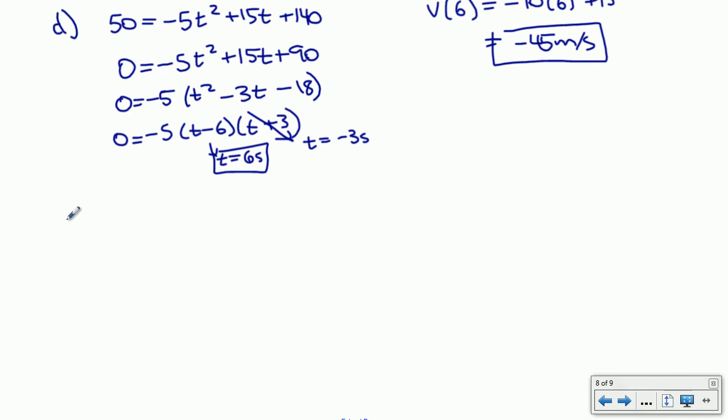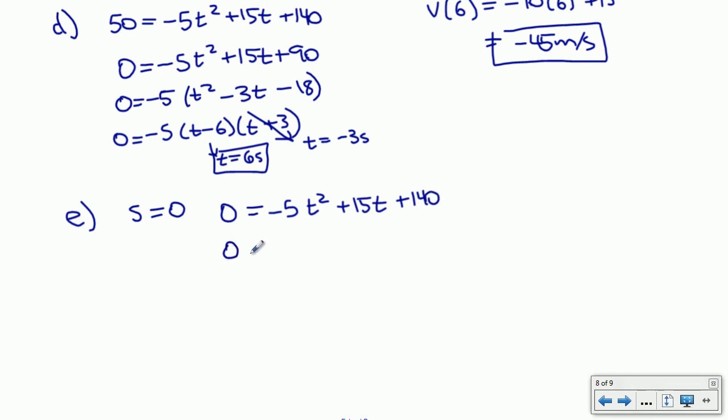Now the last part, E, what's the velocity of the object as it hits the ground? Well, as it hits the ground, displacement is 0. So we would start with the displacement function when it's 0 and figure out what time that is. So negative 5t squared plus 15t plus 140.